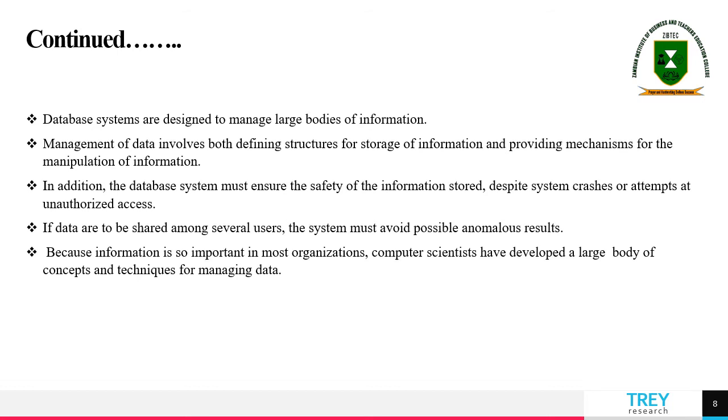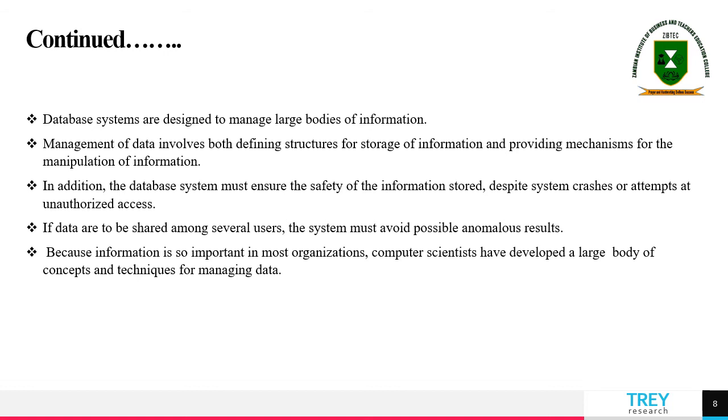Unauthorized access, these are people like hackers who would want to have access to, for example, a certain company's information so that they can either steal something from the company or just try to bring down the company. If the data is to be handled among several users, the system must avoid possible anomalous results, because information is so important in most organizations.